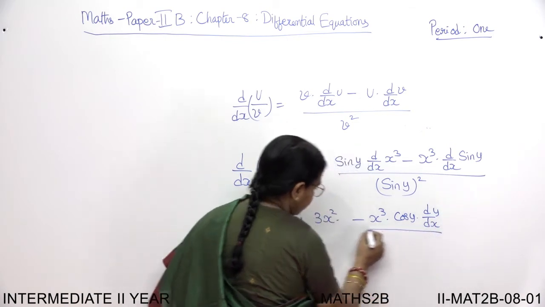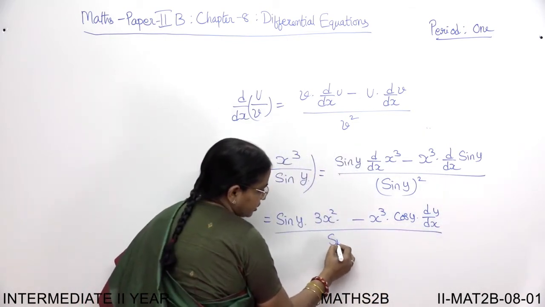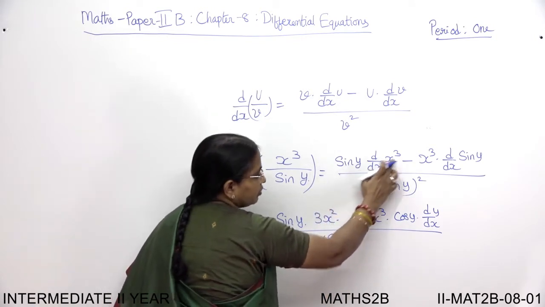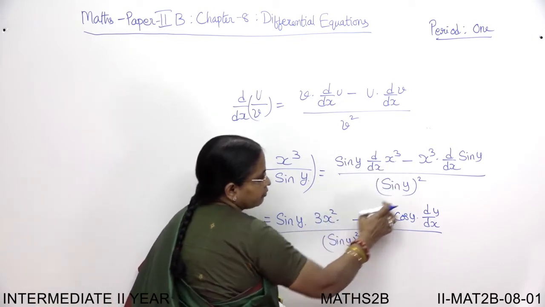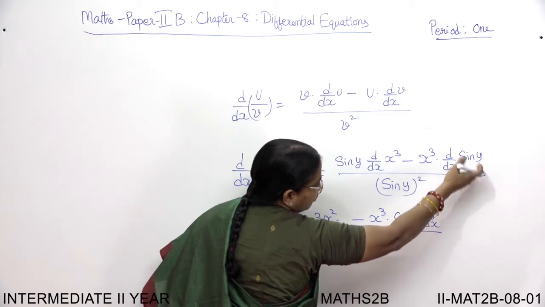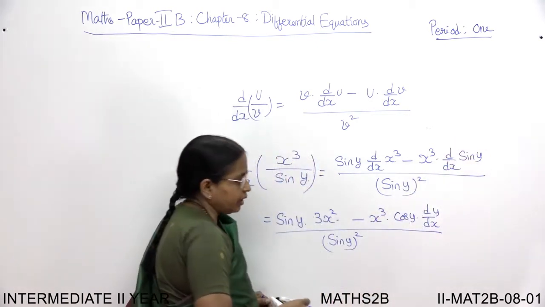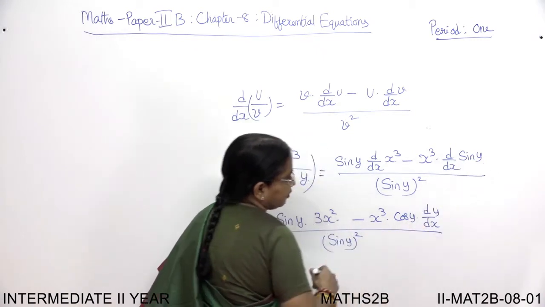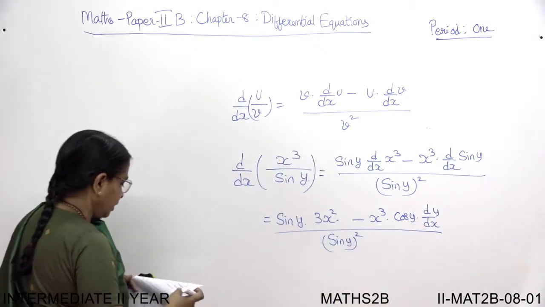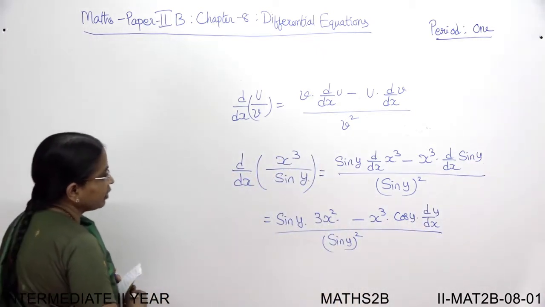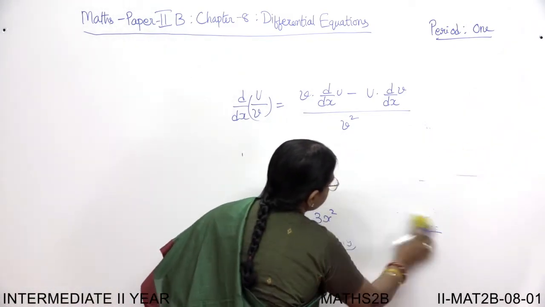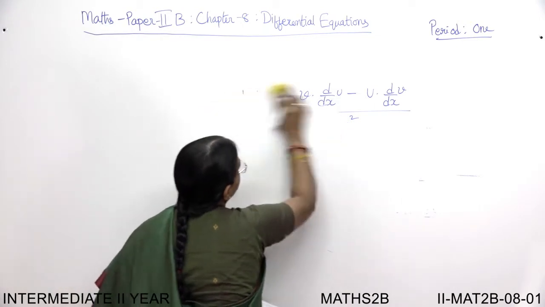So like this we do the differentiation. If it is the same variable, you will not write any coefficient. If it is a different variable, you will write its usual derivative and then multiply by d by dx of that variable. So like this we find the derivatives of these functions. This is about the quotient rule and product rule.